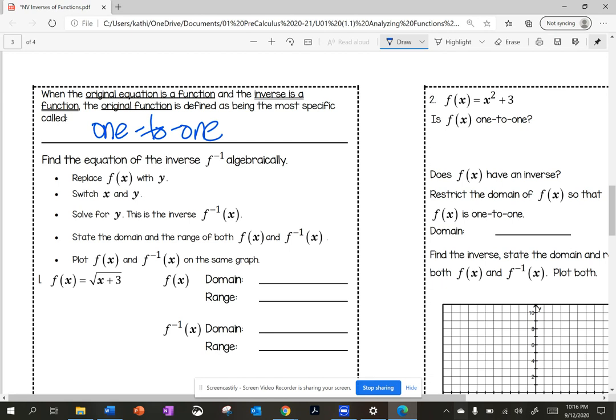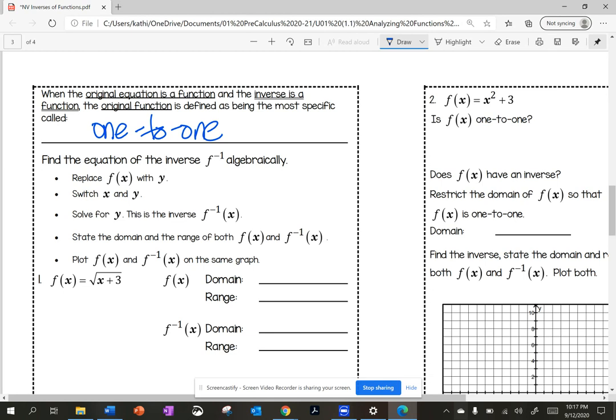Okay, so we are going to find the equation of the inverse algebraically. To do that, I'm going to replace f of x with y, switch x and y, and then solve for y, and this is the inverse now. Next, I want to state the domain and range of the function and the inverse, and I'm going to plot both the original function and the inverse on the same graph so that I can see how they're symmetrical about the y equals x line.